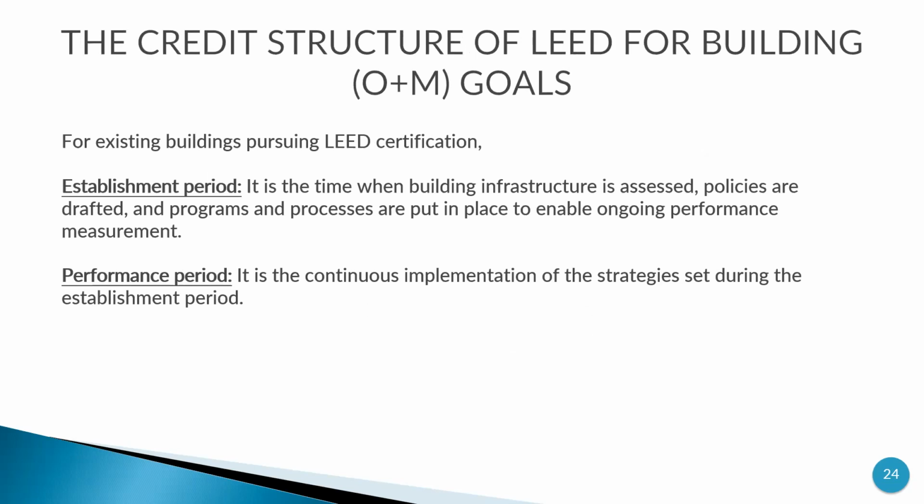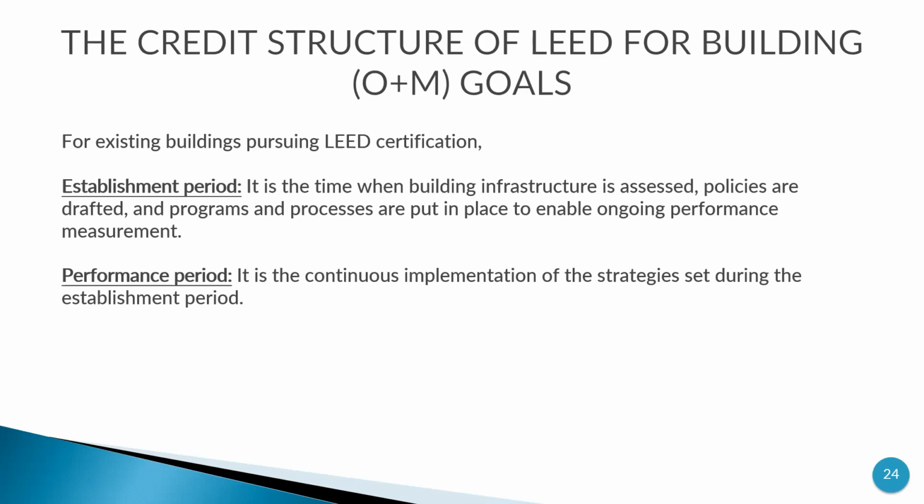Now, the credit structure of LEED for building goals. For existing buildings pursuing LEED certification, the difference I want you to understand is that in LEED GA, we have gone through the strategies, the concepts. In LEED BD+C, what happens?